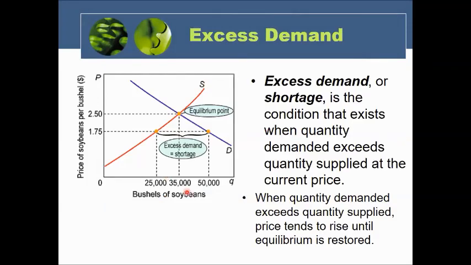Okay, so there is a possibility of the excess of the demand or shortage, because it is a condition that exists when the quantity demanded exceeds quantity supplied at the current price. So if this happens, when the quantity demanded exceeds quantity supplied, the price tends to rise until the equilibrium is restored.